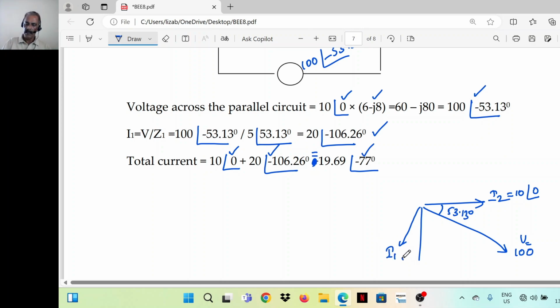This is 20 ampere, and the total angle is 106.26 degrees. So the total current is 19.69 angle minus 77. So complete the parallelogram, draw the diagonal. This is the total current I. This angle is 77 degrees.